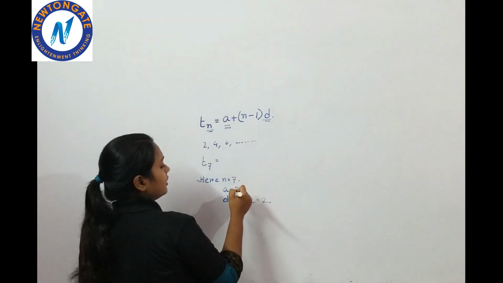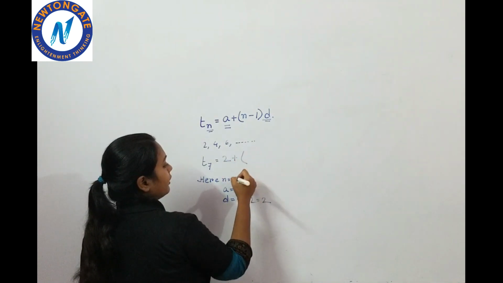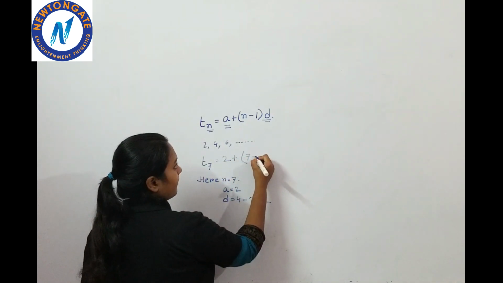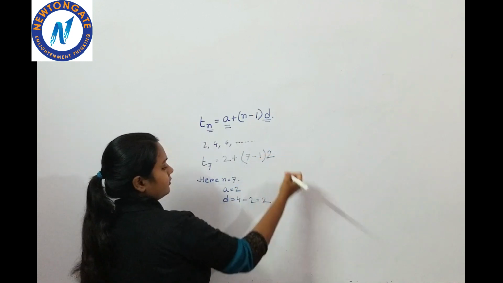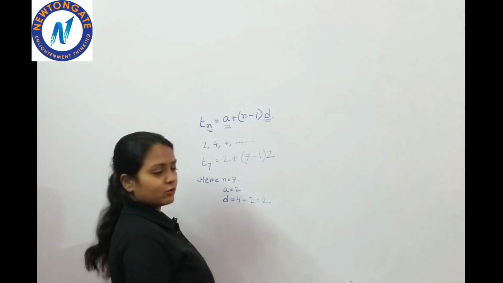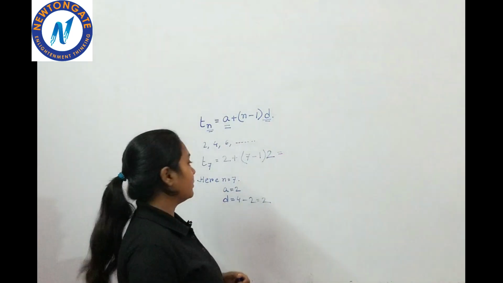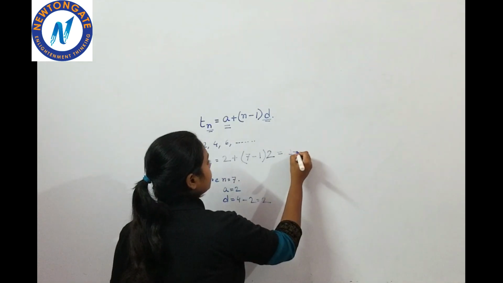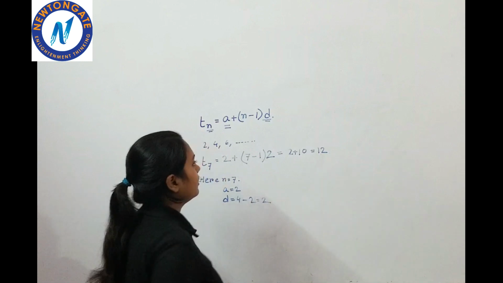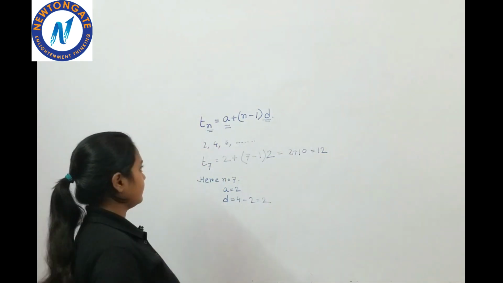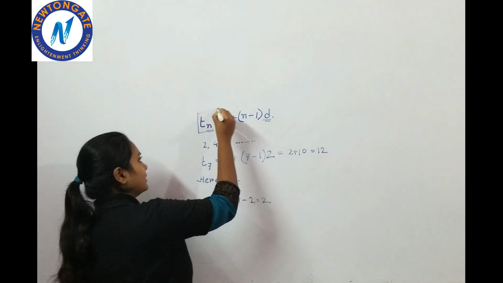T7 equals a, which is 2, plus the value of n, which is 7, minus 1, into 2. The common difference is 2. So the answer will be 2 plus 10 equals 12. Okay? This is the first formula from this chapter.